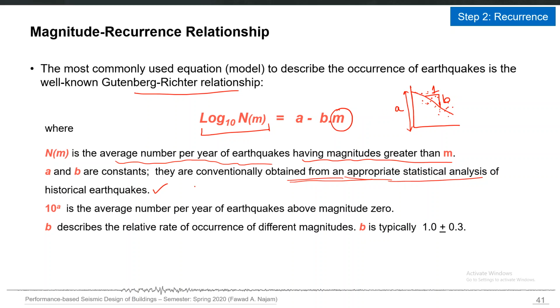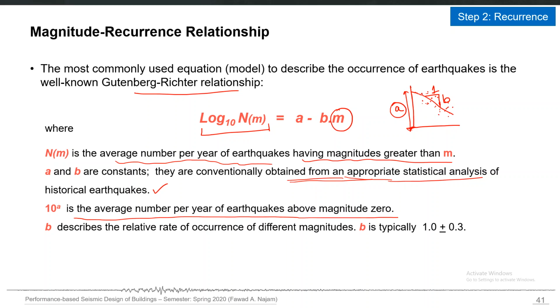10 raised to power a is the average number per year of earthquakes above magnitude 0, because this is the height from this 0 level. It is the y-intercept. So you can say that it is the average number of earthquakes per year above magnitude 0. b describes the relative rate of occurrence of different magnitudes.